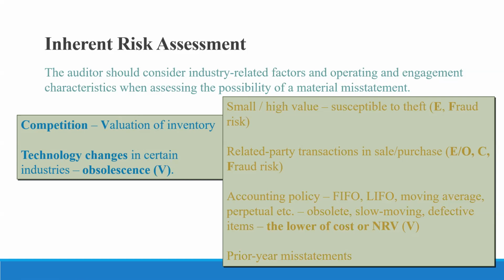Let's say I have a warehouse, a room of desktops. I purchased them at $1,000 each 3 years ago. Now the auditor asked me to use the lower of cost or net realizable value.